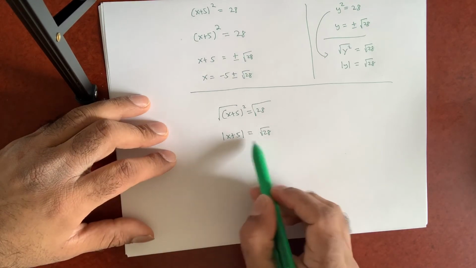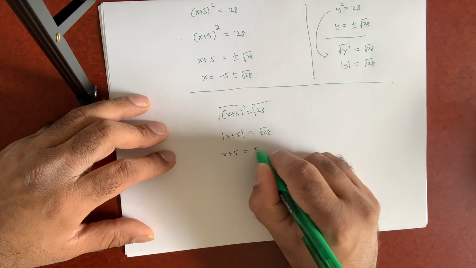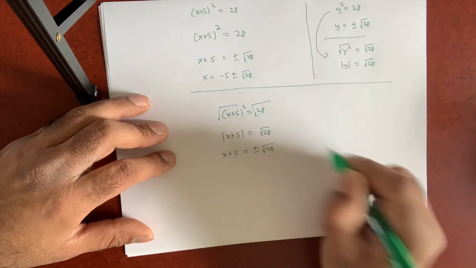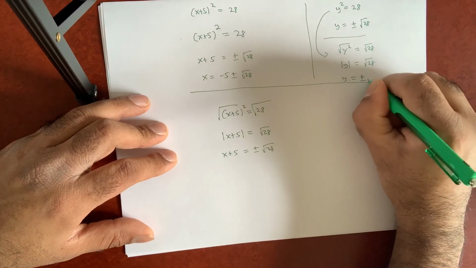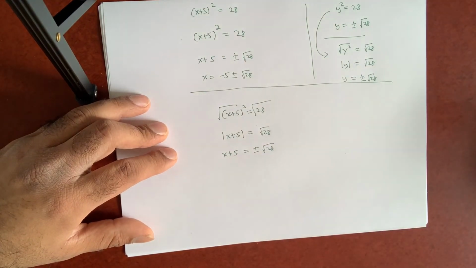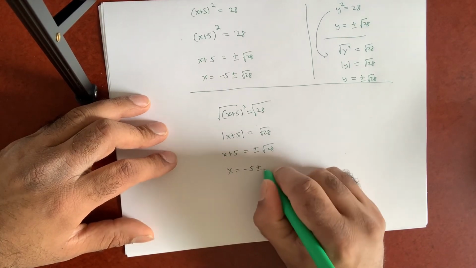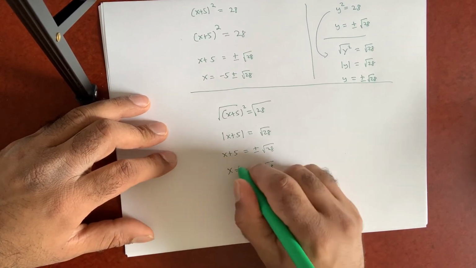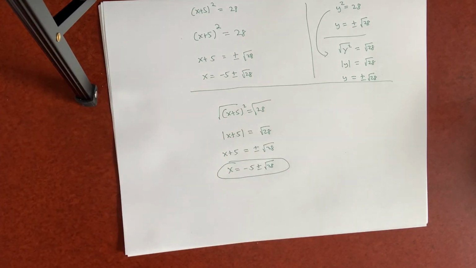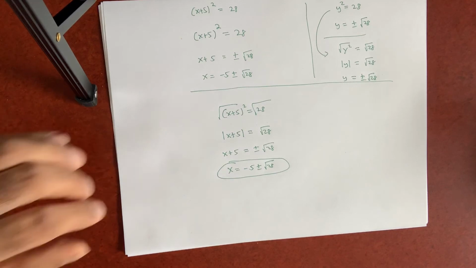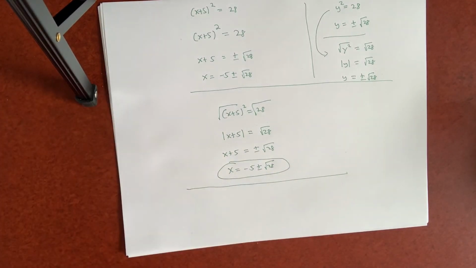And if you have an absolute value equaling a number, that means whatever's inside the absolute value must be either plus or minus what's on the right side. So either way, at the end of the day, you get negative 5 plus or minus root 28. So you have two solutions. Again, this is a compact way of writing two numbers, negative 5 plus root 28 as well as negative 5 minus root 28. So that completes that problem.